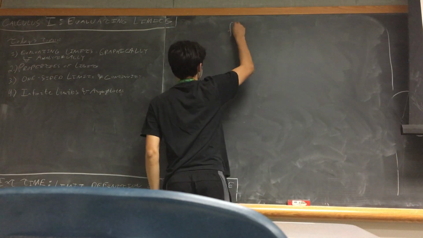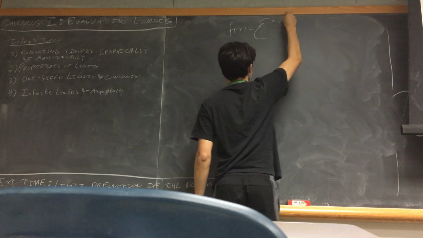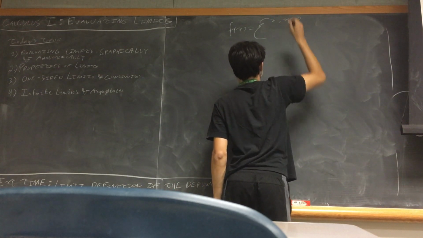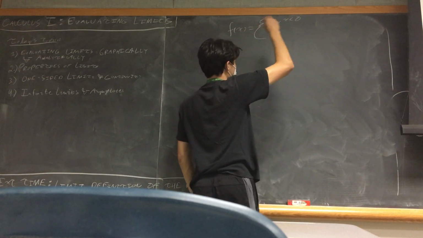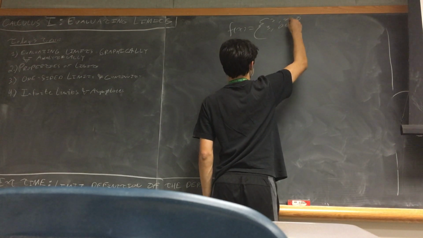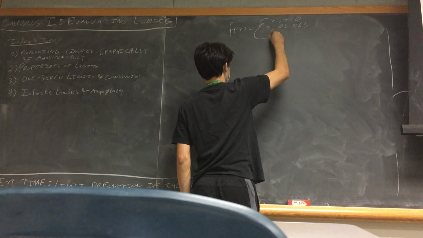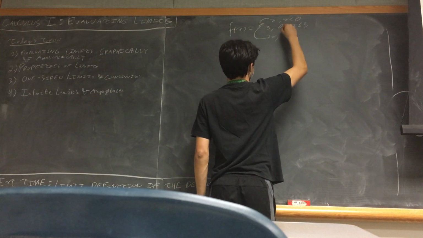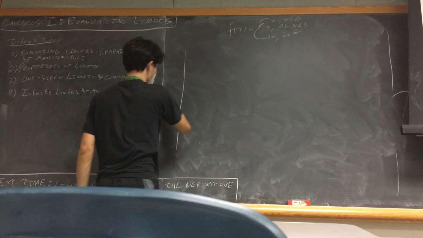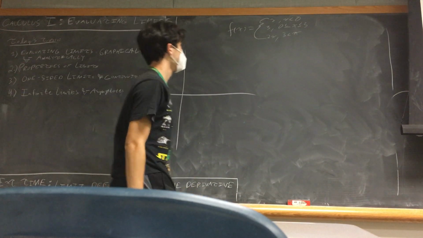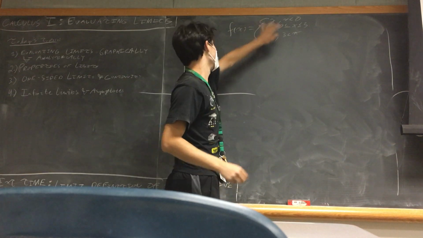Let's say f of x is equal to x for x less than 0, 3 for 0 less than or equal to x less than or equal to 3, and 2x for 3 less than x. So if we want to draw this on a graph, as long as x is less than 0, f of x equals x.